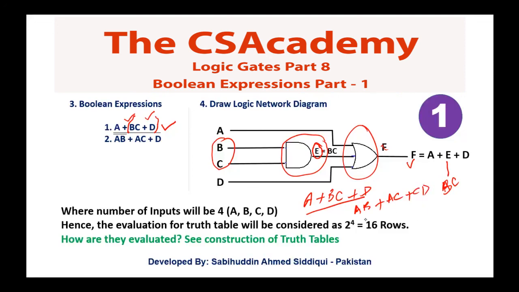You can see A is repeating and C has also repeated. So this does not mean that it is 1, 2, 3, 4, 5 and 6. No, not correct. This will be counted only once: 1, 2, 3 and 4.